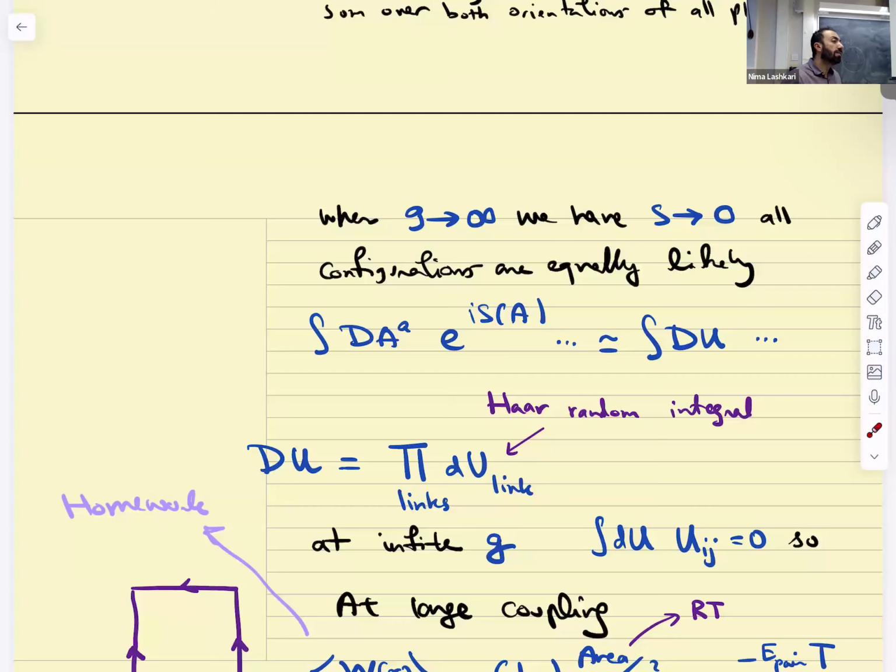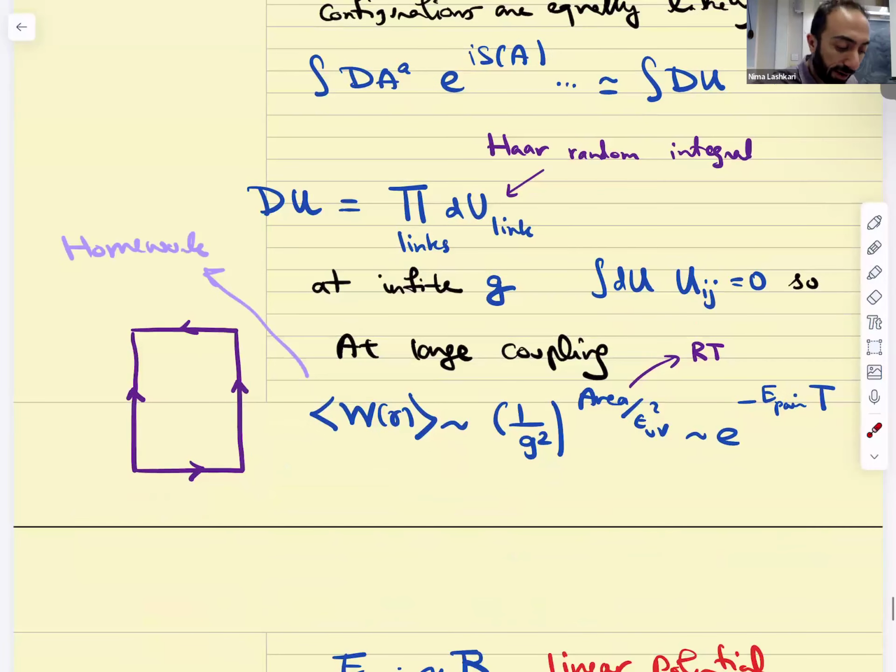So an integral of a Haar random unitary is 0. These are things you can play with. Anyway, if these don't make sense, your homework will make more sense. You will do this in your homework.